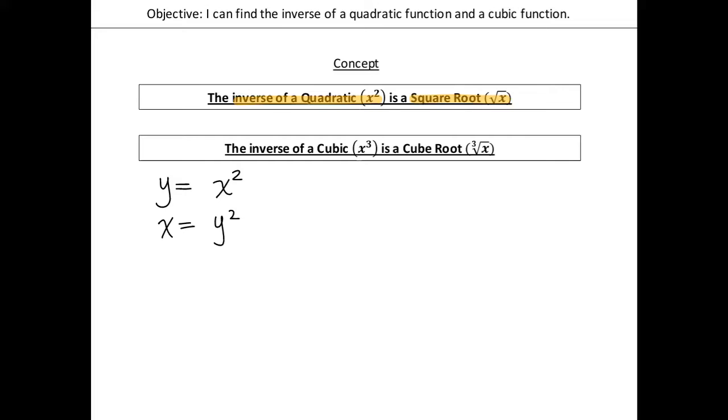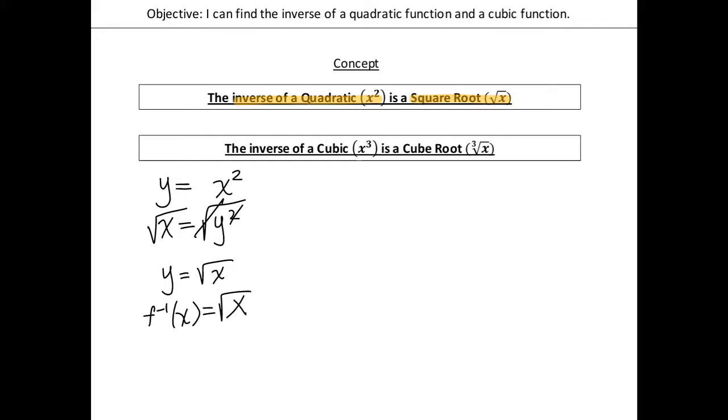Do you remember how to get rid of a squared? Square root each side, right? So then the square root cancels out the squared, and you're going to be left with y equals the square root of x. Okay? So the f inverse function is going to be the square root function. The quadratic, if you start with the x squared, you will end up with a square root. Okay?